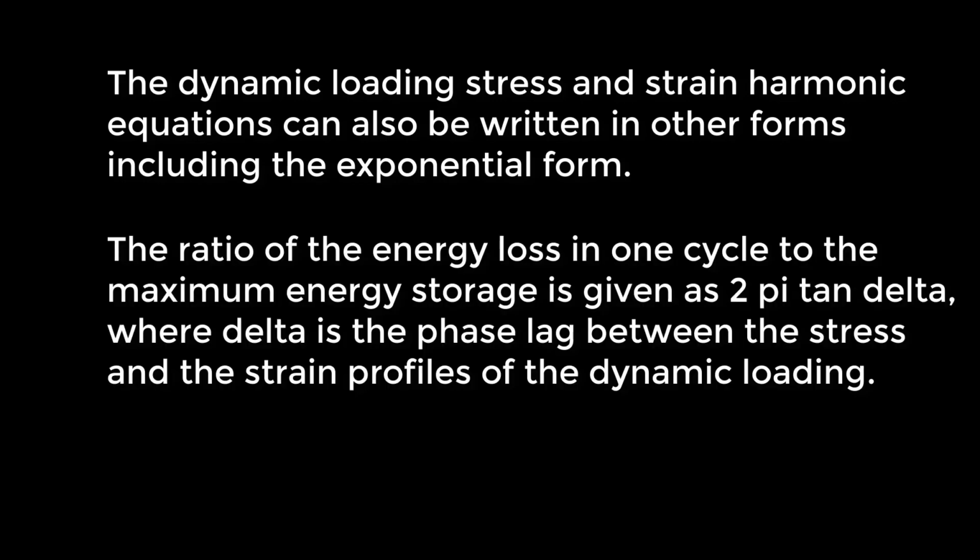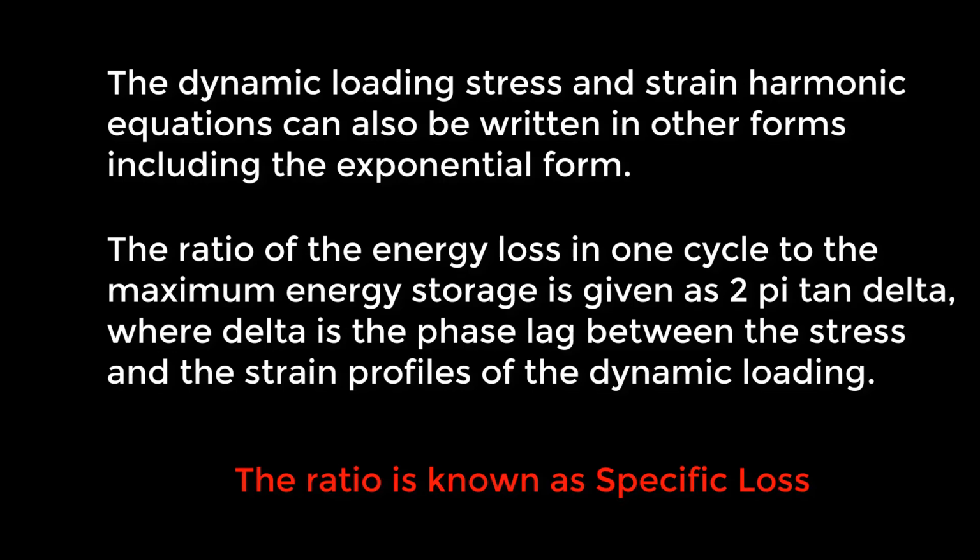In this module, we learned that the dynamic loading, stress and strain harmonic equations can also be written in other forms, including the exponential form. The ratio of the energy loss in one cycle to the maximum energy storage is given as 2 pi tan delta, where delta is the phase lag between the stress and the strain profiles of the dynamic loading.